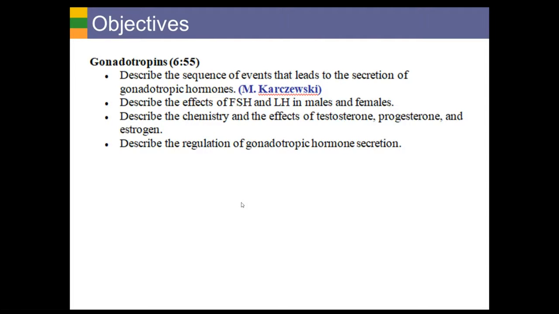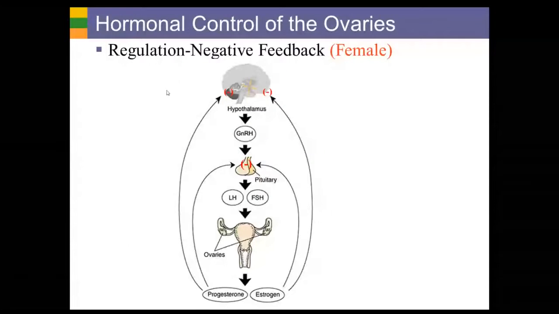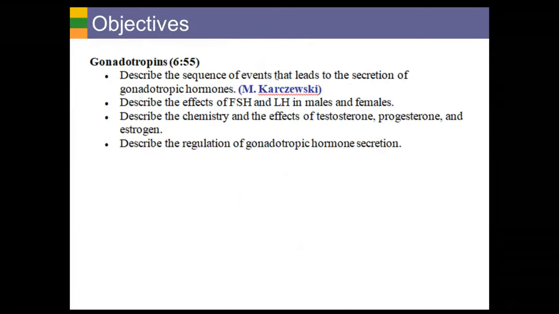All right, last topic, and it's a quick one. Under the gonadotropins screencast, there was one muddy point, and that was to describe the events that lead to the secretion of the gonadotropic hormones.